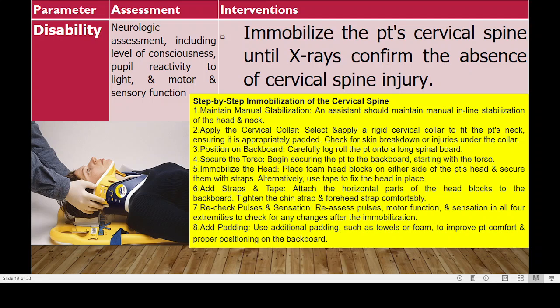What you are assessing is neurological assessment, including level of consciousness, pupil reactivity to light, and motor and sensory functions. So you need to do step-by-step immobilization of the cervical spine, which is very important, especially in the airway.